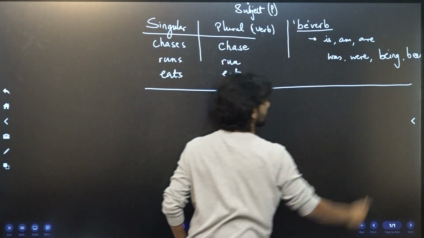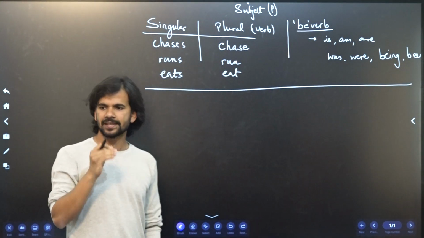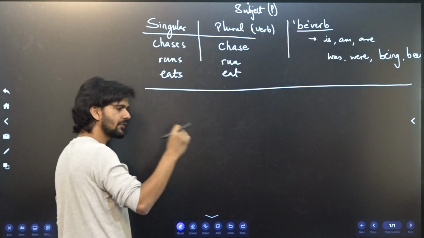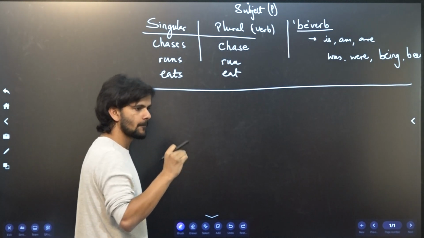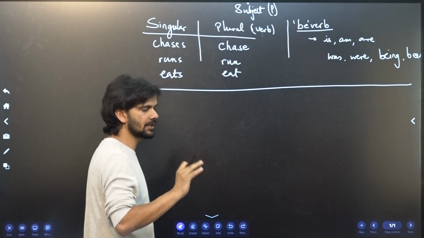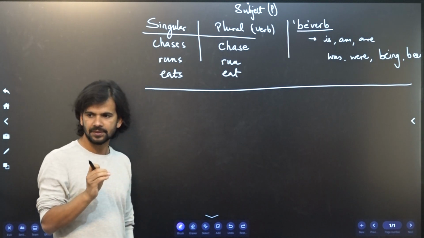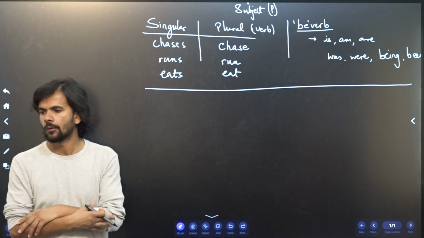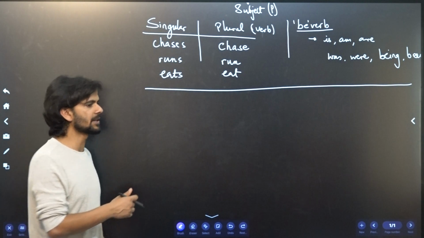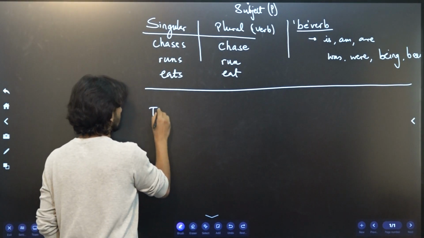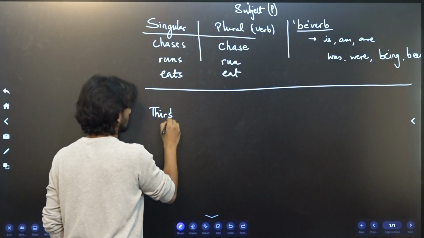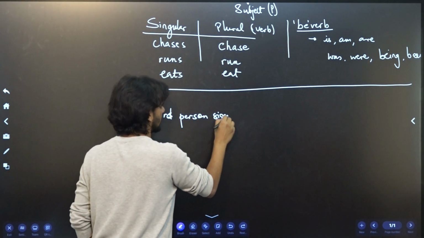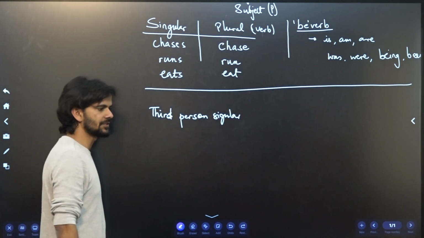What we will do is, in the present tense, we have different persons. In the present tense, third person singular. What did I say? Third person singular. What are the third person singular?